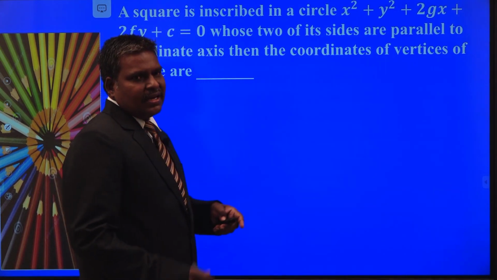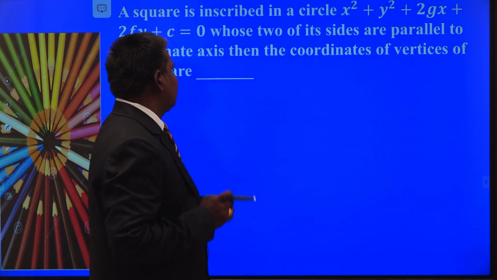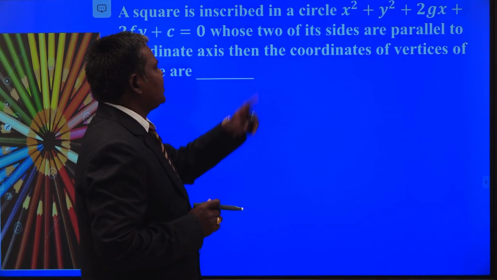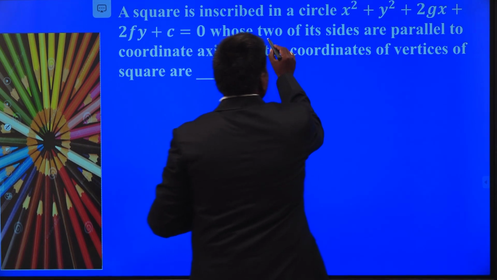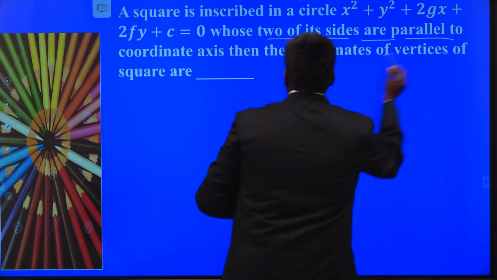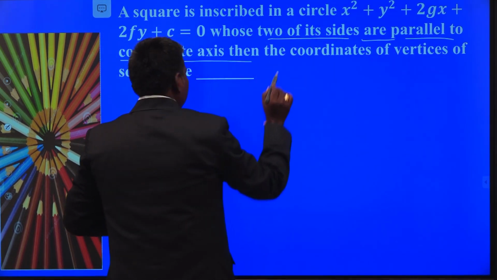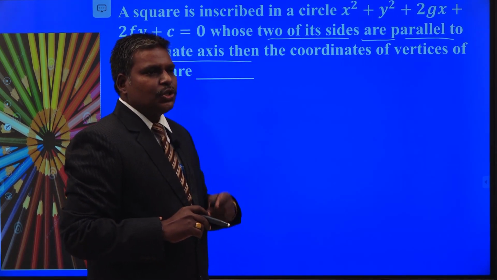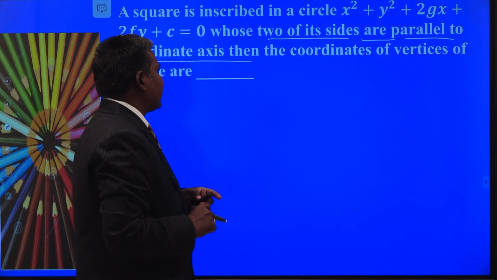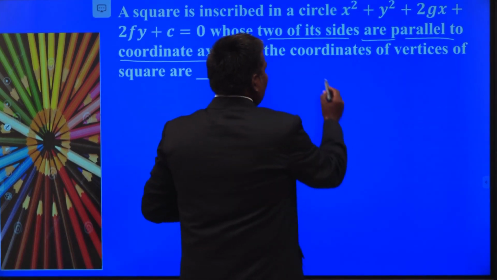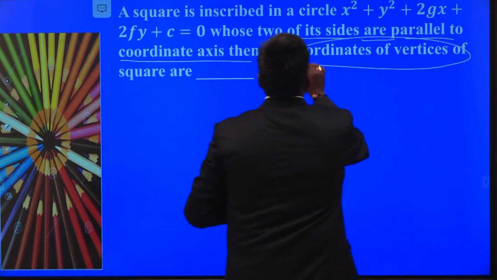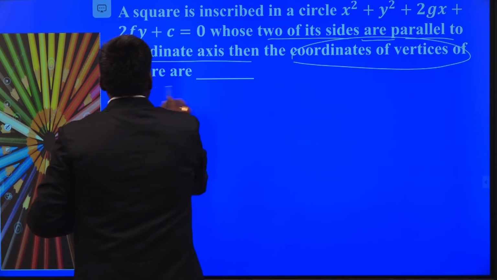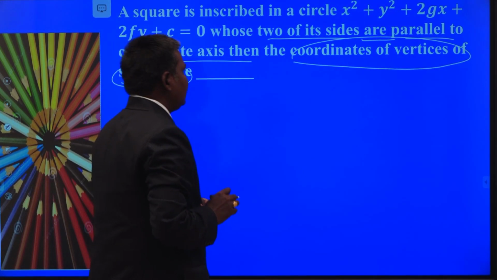A square is there which is inscribed in your circle, whose two sides are parallel to the coordinate axes. This is the condition. How many sides does a square have? 4 sides, of which 2 are parallel to the coordinate axes. What is your task? You have to identify the coordinates of the vertices of the square.